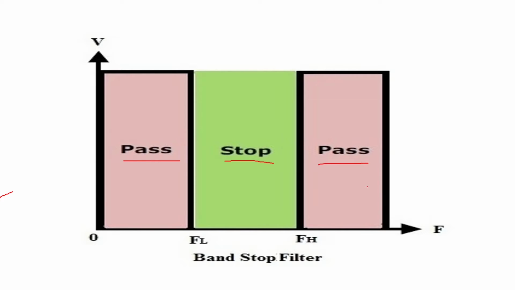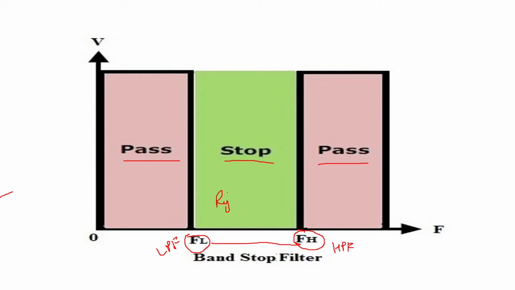Here the frequency FL will be the cutoff frequency of the low pass filter, and here frequency FH will be the cutoff frequency of the high pass filter. All the frequencies between FL and FH will be rejected, stopped, or attenuated. Attenuation will be done more here, and that is why that band of frequency is stopped.